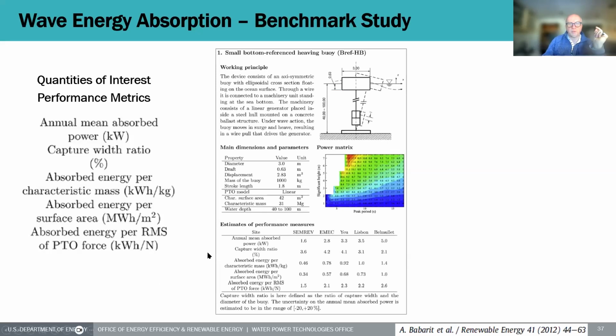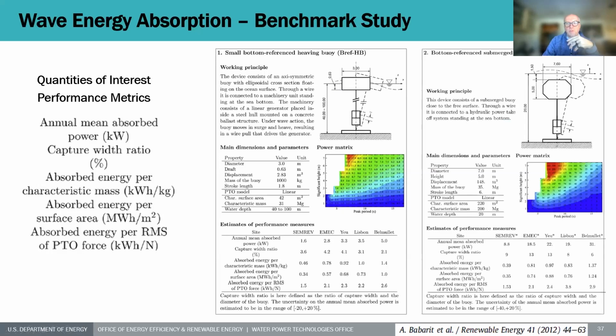So there's a description of the system, a sketch. We have some dimensions. We have the resulting power matrix. And we have the results of the quantities just described for different sea states. So this is Ireland, Lisbon, European Wave Energy Center, and the France site. And let's just flick through them to see the different technologies.